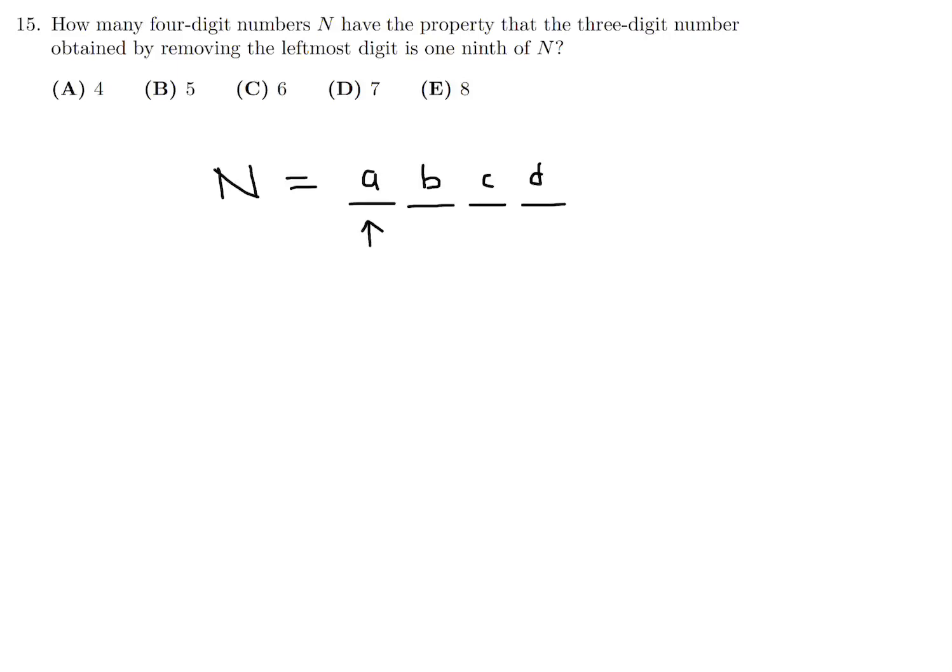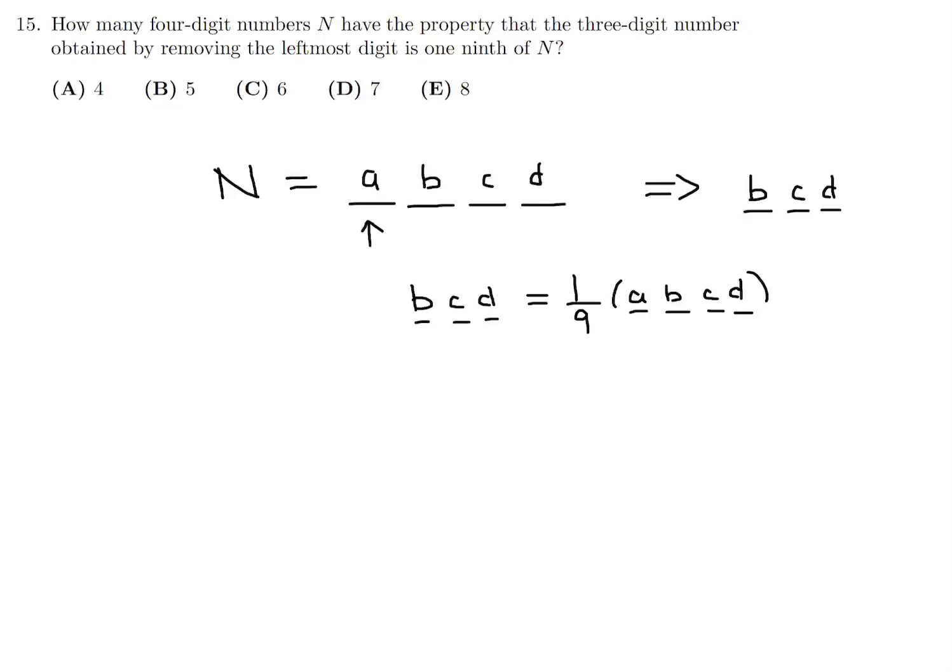So you're removing A. And when you do that, you get left with B, C, and D, like that. And what they are saying is that the result, BCD, right here, is 1/9 of the original n. So that's A, B, C, D, like that.